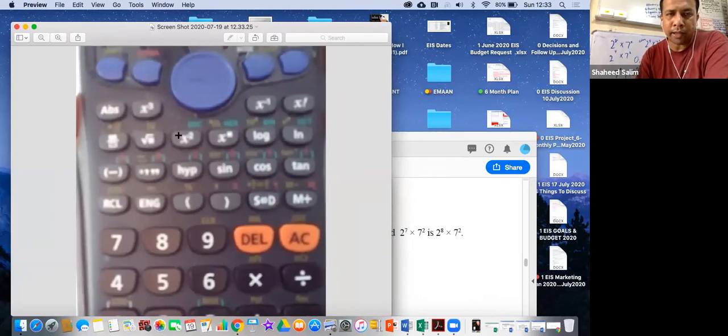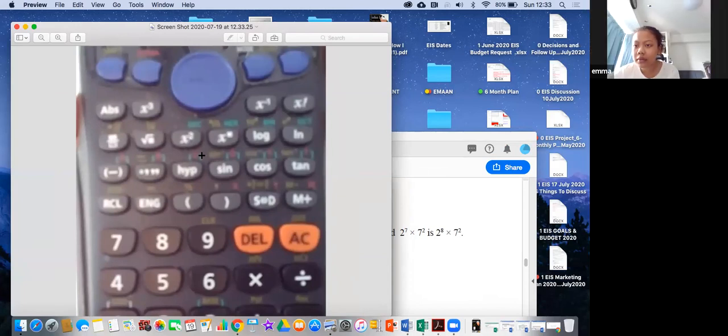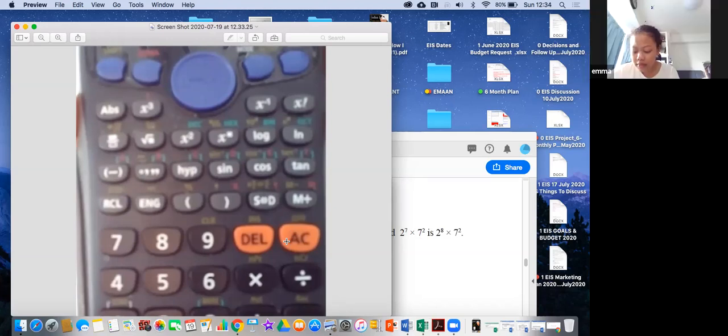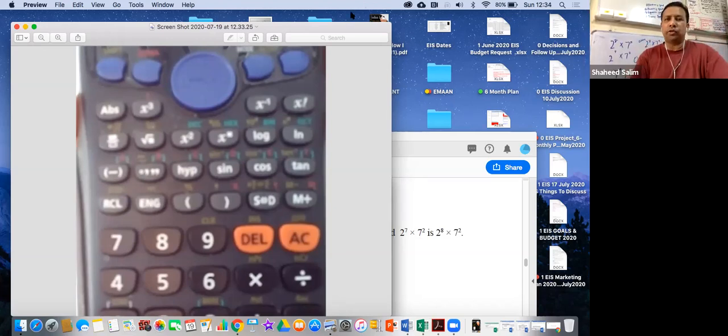What is this down here? X to the power of 2. X power 1, power 3. There's XY. Maybe it's somewhere here at the bottom. Can you look at the calculator? Is there XY? No. Okay, you show me again.